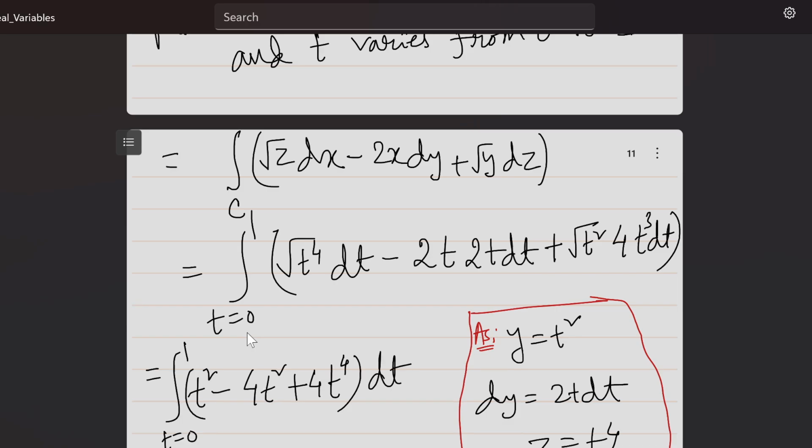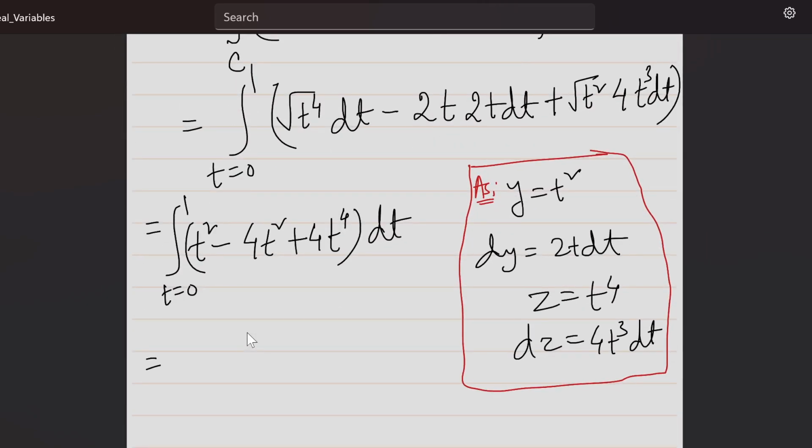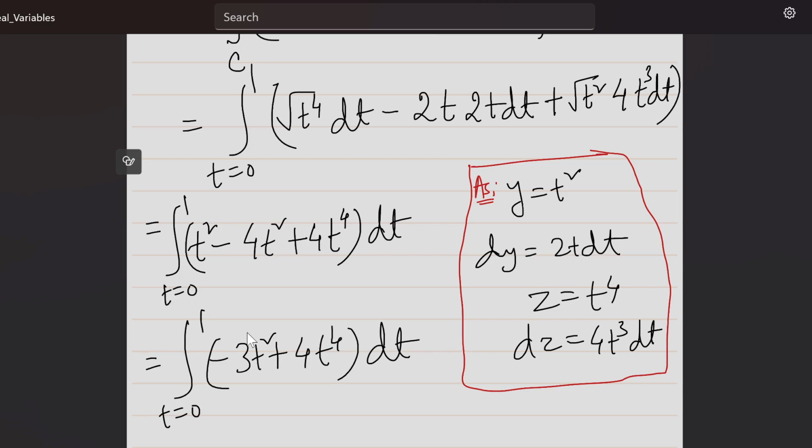So it is integral minus 3t square plus 4t power 4 dt, t from 0 to 1. Just integrate: minus 3 by 3 plus 4 by 5. So it is minus 1 plus 4 by 5, that means minus 1 by 5. So this is the answer.